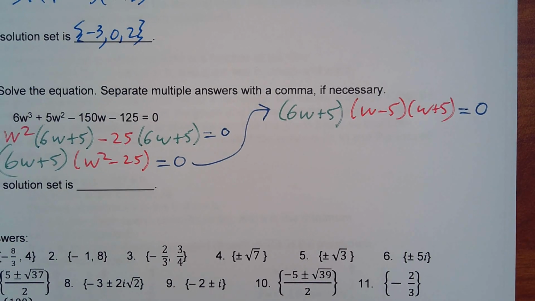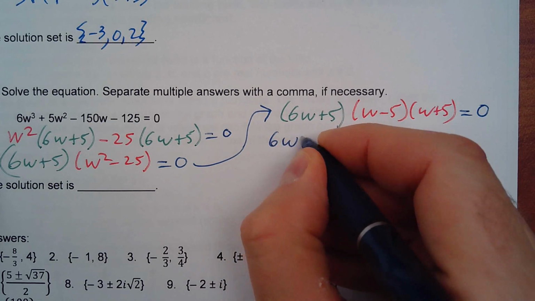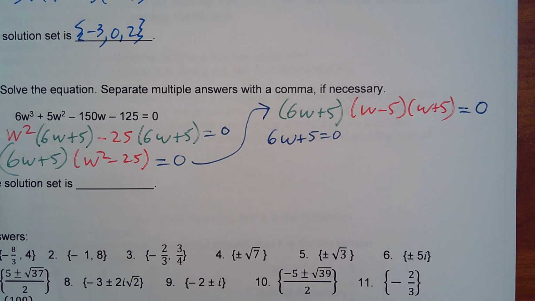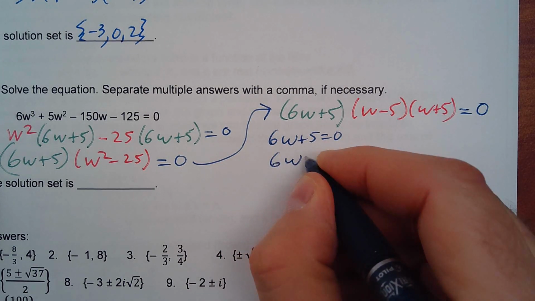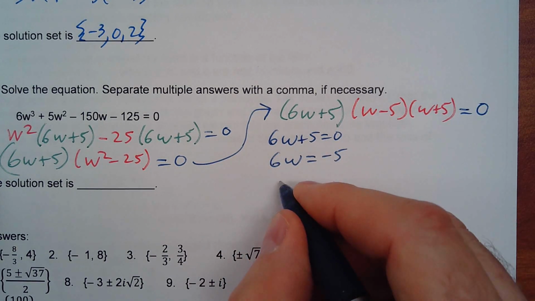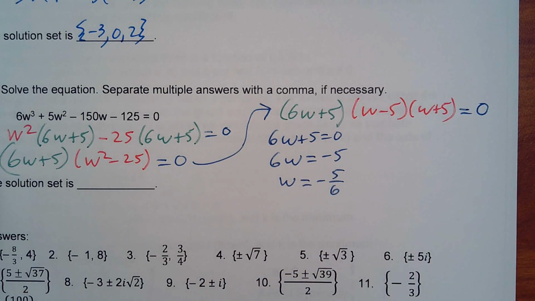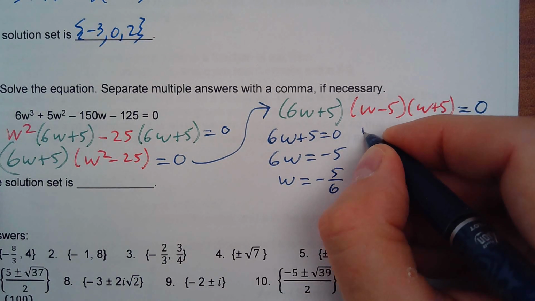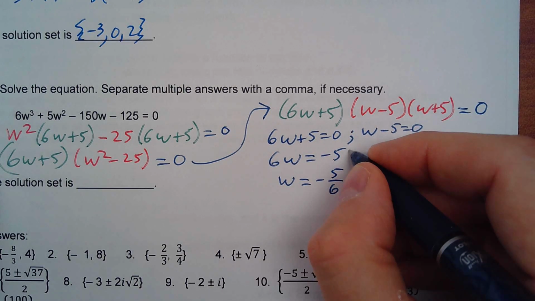So we're going to go through, we're going to set each factor equal to 0 and solve. So when we set the 6w plus 5 equals 0, we subtract 5 from both sides and then divide by 6. For the next one, we have w minus 5 equals 0. We add 5 to both sides.